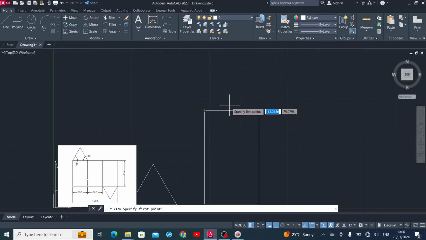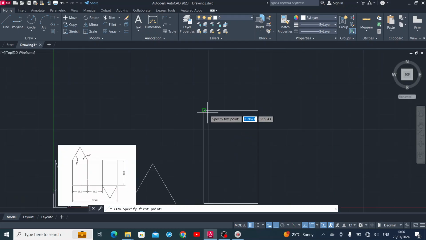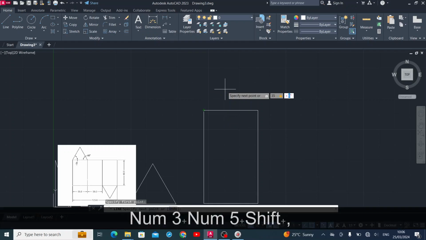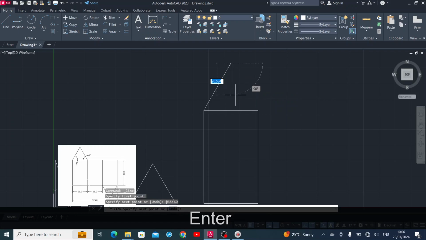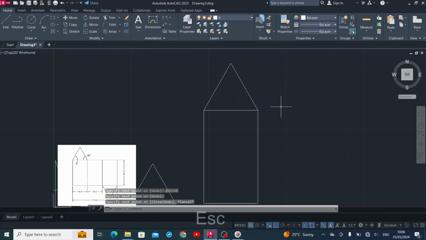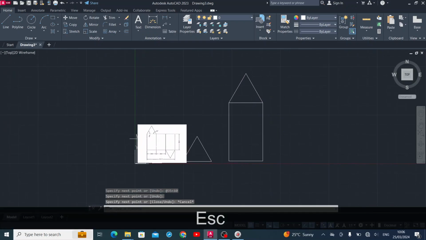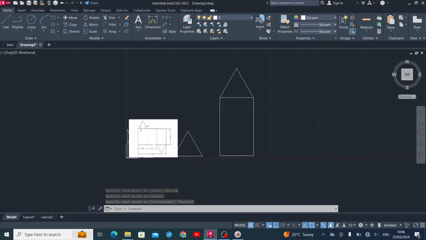Instead of going in that way, I will come here, type 35, shift less than and 60, enter. Again, I will click here to complete that. This is how you can complete this drawing.